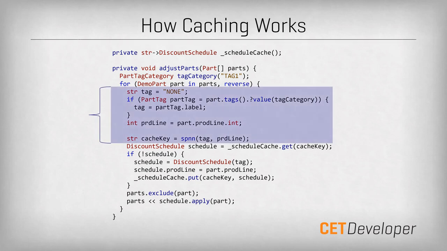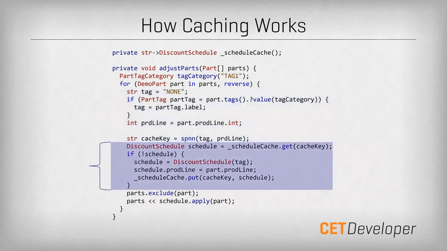In this case, we're using a string. It's gathering up some data from part tags. It's asking the product for what product line it's from, and it's using that data to construct a caching key that is then used to retrieve some values from the cache. If the value isn't in the cache, it's constructed and added to the cache so that it can be reused later.